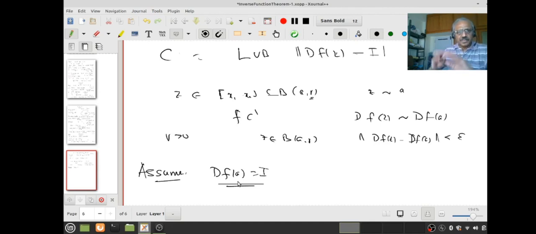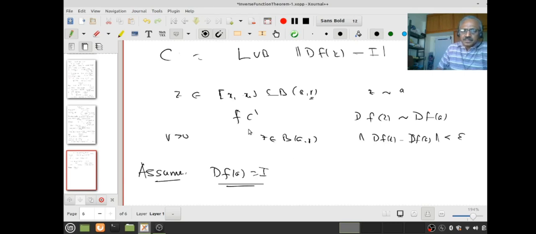Do not worry, try to understand, learn. Then you go through any of the books, you will see why the proof is so easy. Now I'm thinking aloud, so it may look as though it's very complicated, but it's not true. Let us assume Df(a) is invertible, right? Let me assume Df(a) equals identity. Then what happens?